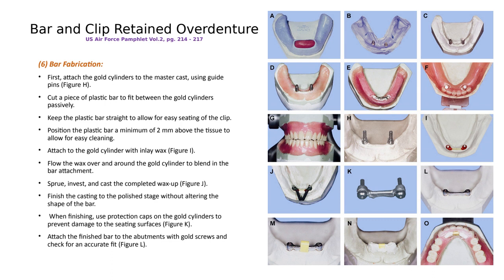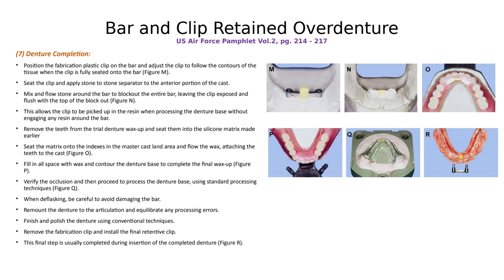The next step will be to process the denture, and when we process the denture, we embed the clip into the denture, and the clip will be processed inside the denture. Okay, so this is roughly and briefly the description of the procedure for fabricating the bar and also for attaching the clip to the dentures.